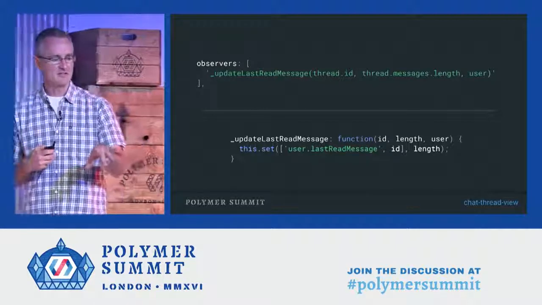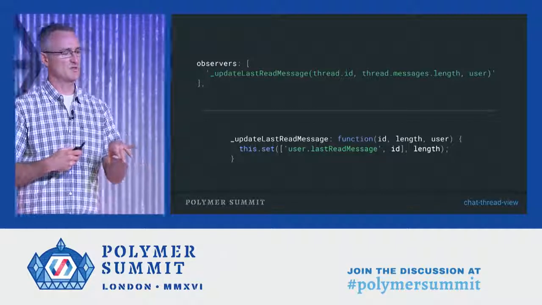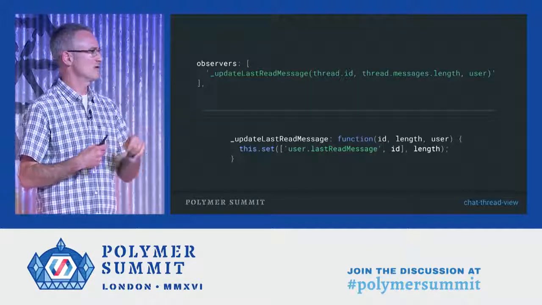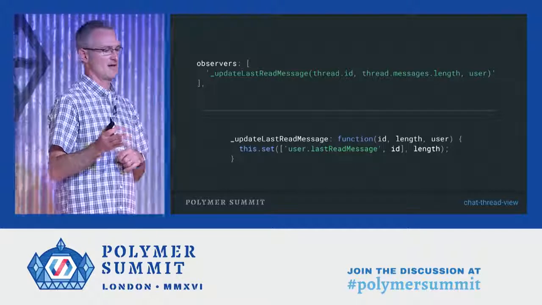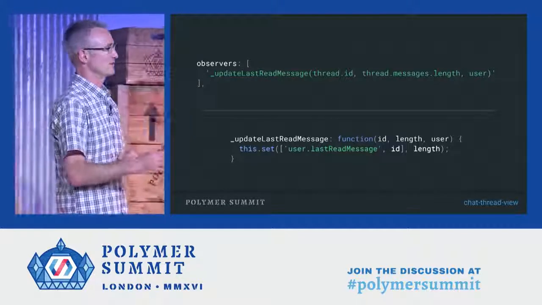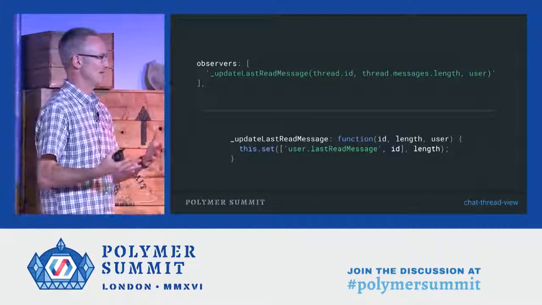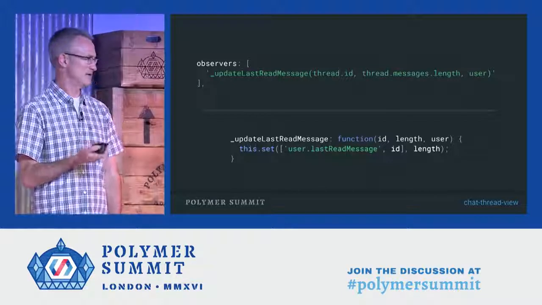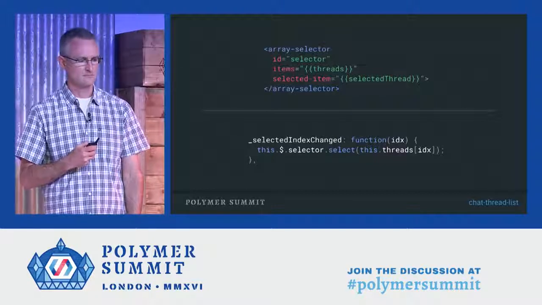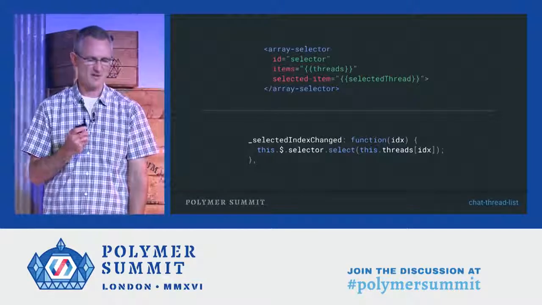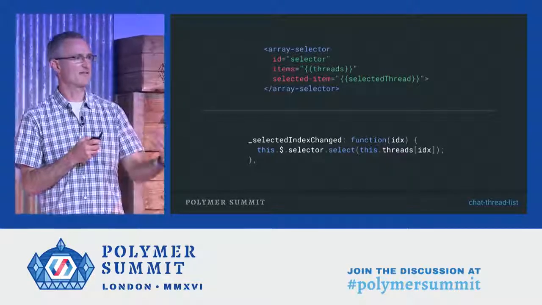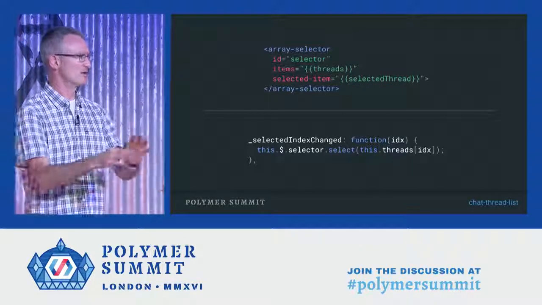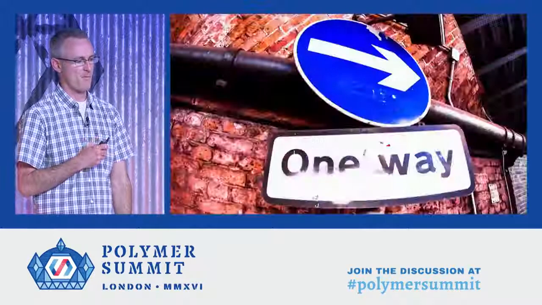Again, there's some complexity here, because in a view where you're declaring one of these observers, you need to understand the structure of some fairly deeply nested data. So again, you have a coupling that maybe feels a little uncomfortable. I won't talk about array selector, but it's another abstraction that comes into play as a result of the fact that we are distributing our mutations across views.